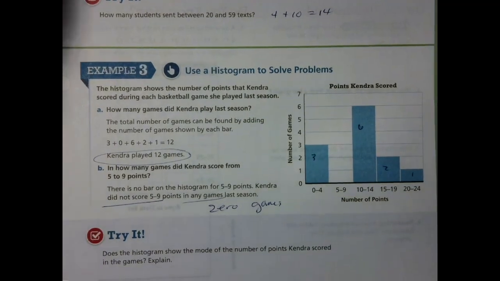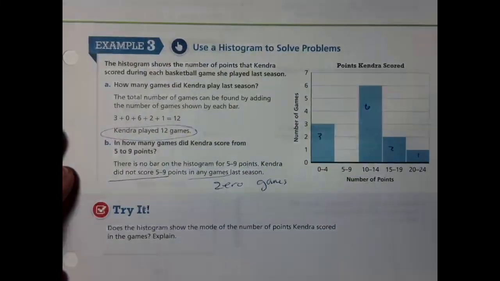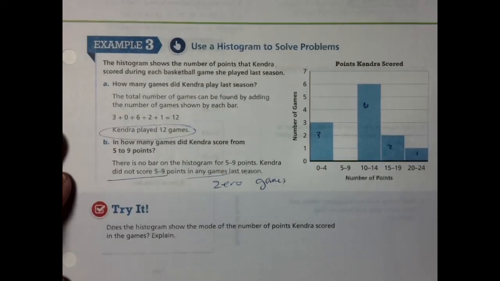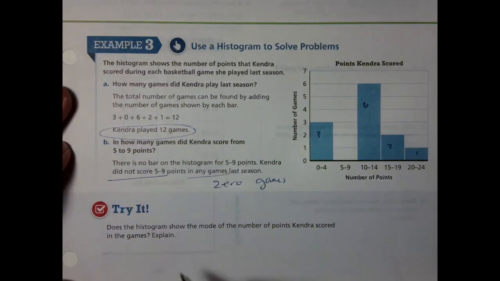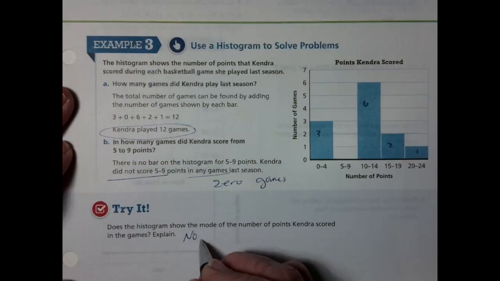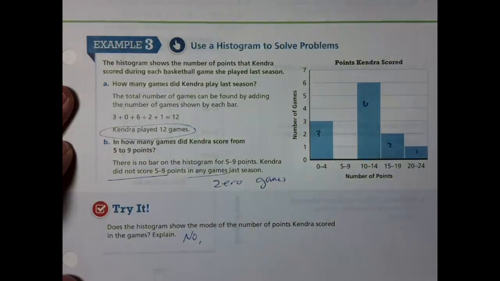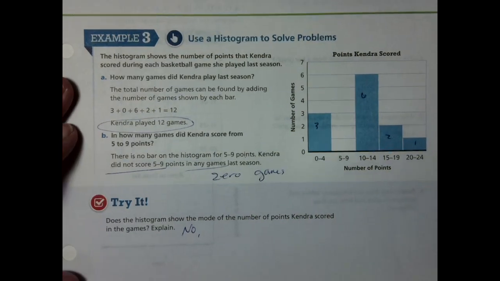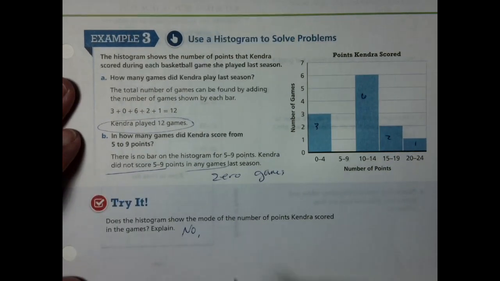And then the try it. Does the histogram show the mode of the number of points Kendra scored in the games? What do you think about that? Okay, so the answer would have to be no. Because since they're grouped, you can't see what number has been repeated.